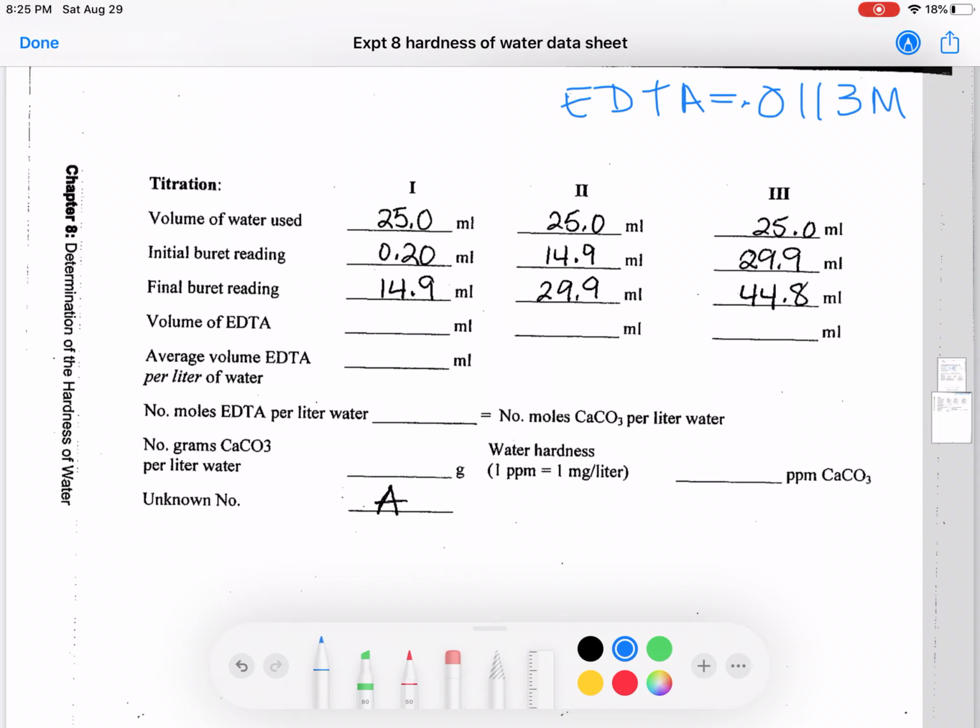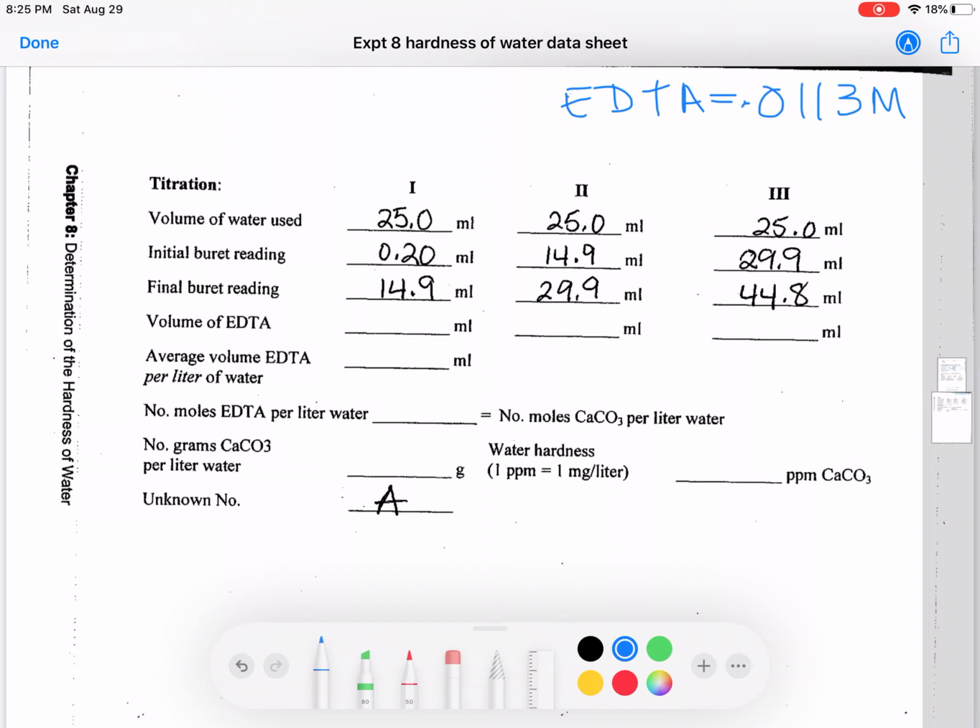In the flask you have your water solution, pH 10 buffer, and then the Calmagite indicator. You may also have seen that the color change takes place from wine red to deep blue, and at that time you stop the titration and write down the final burette reading. So there are 3 readings like that.